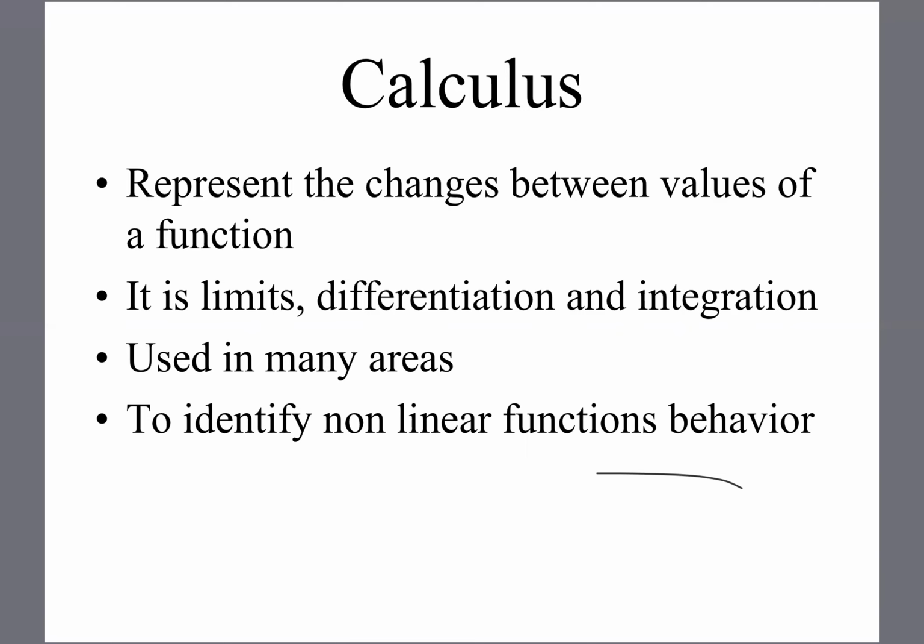Up to now, we have understood different types of functions. This is also a function, but it is a straight line, which means its slope is equal at every point on the line.